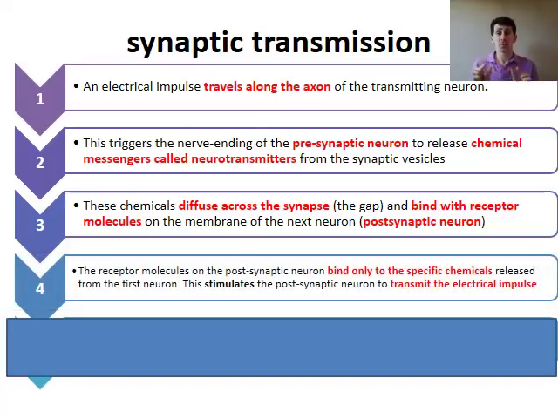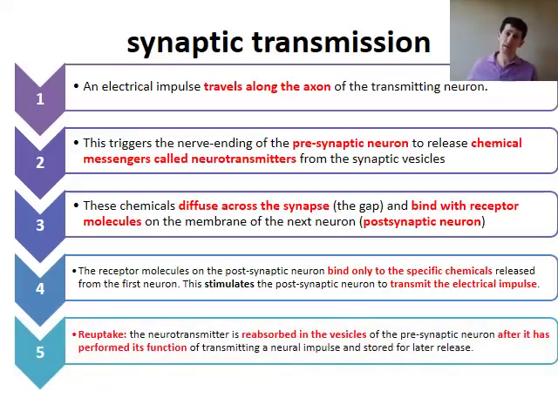The receptors on the postsynaptic membrane will only bind with specific chemicals. You'll have specific receptors on there for dopamine, specific ones for serotonin, and those receptors will only work when that specific neurotransmitter lands on them. As soon as it does, it stimulates the postsynaptic membrane, or postsynaptic neuron, and an impulse is carried on down there.